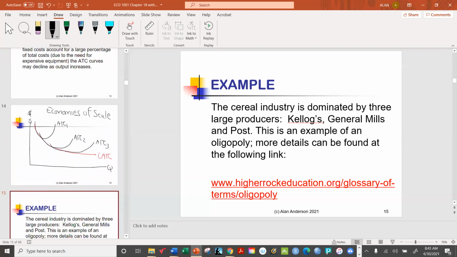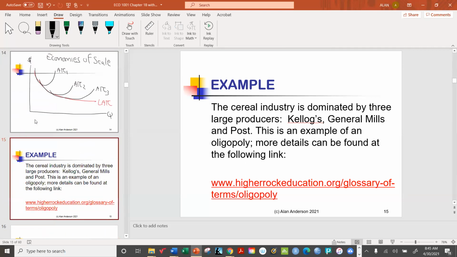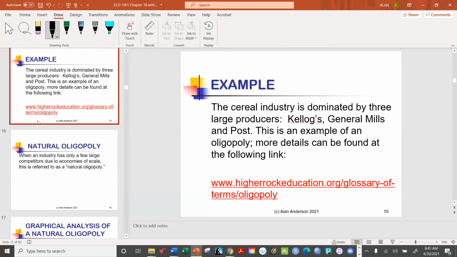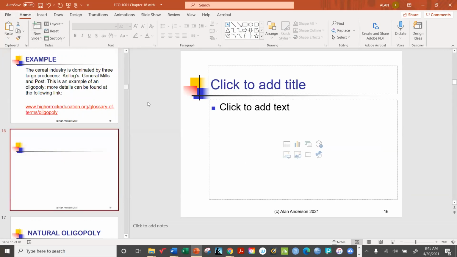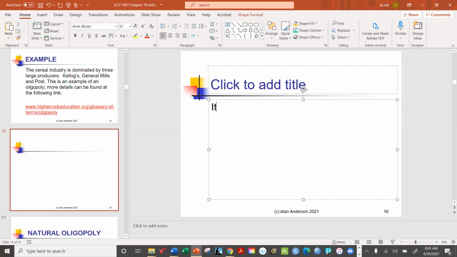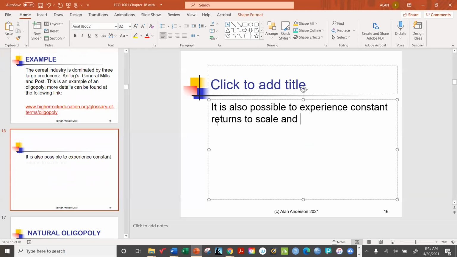Now, by the way, I just want to mention that in addition to economies of scale, it is also possible to experience two other cases: constant returns to scale and decreasing. Oh, actually, you know what I forgot to mention?